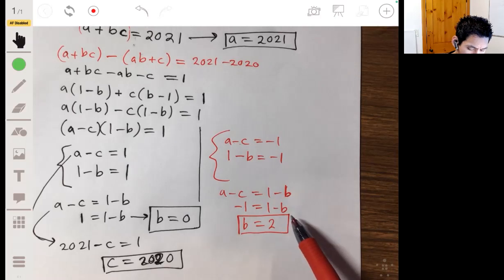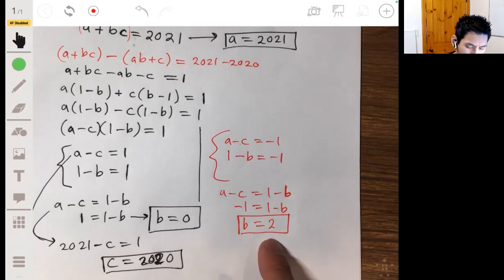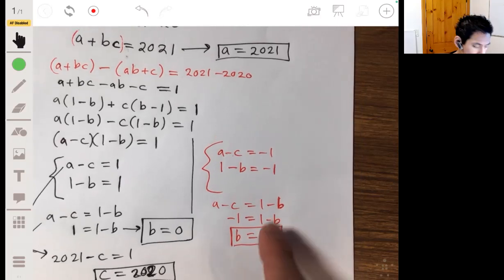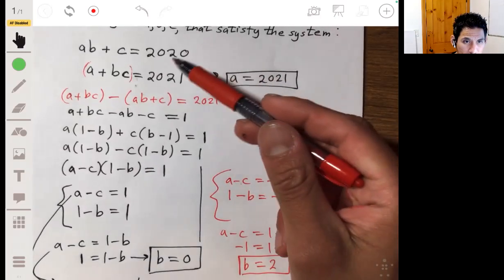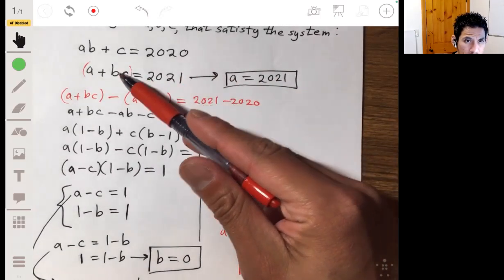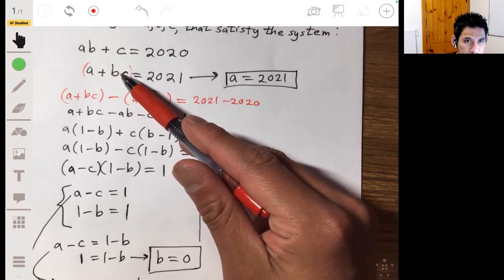Okay, now if we have b is equal to 2, that doesn't really help us here, but we can pop back up here and get somewhere with the a and c.